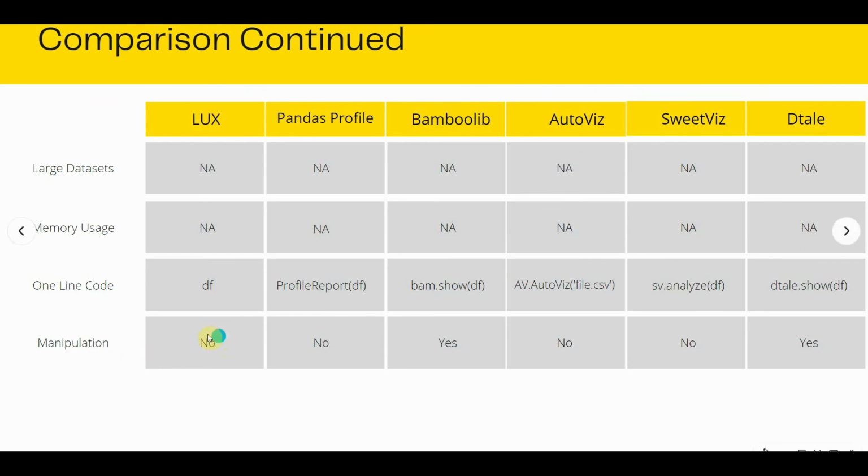Lux doesn't have that. Pandas profiling is not having that either. Bamboolib has it, and Dtale has this feature too, where you can upload it and do on-the-fly manipulation. So I guess, guys, that's it, and I'll make sure to add a few more points or factors to this comparison going forward.